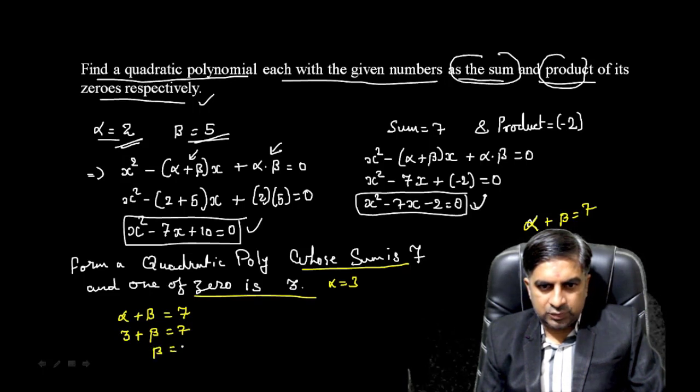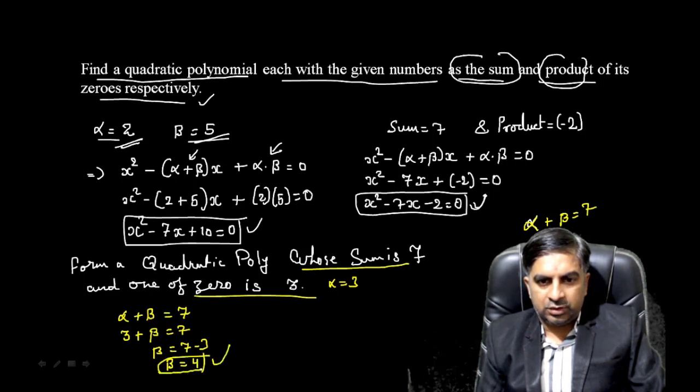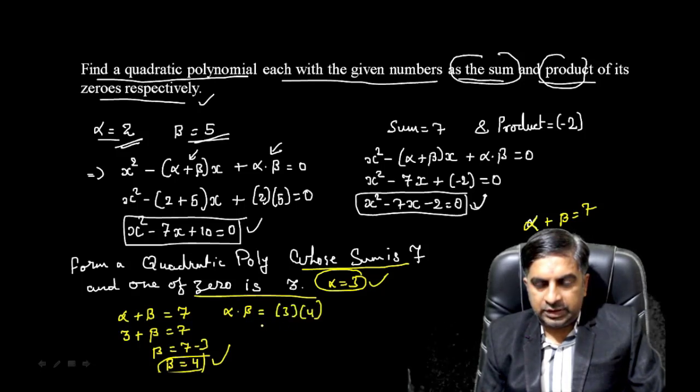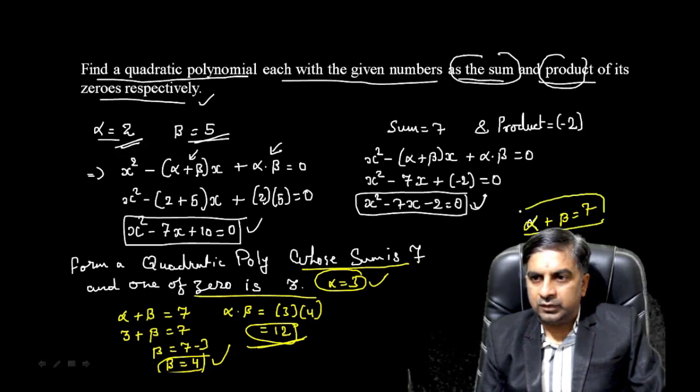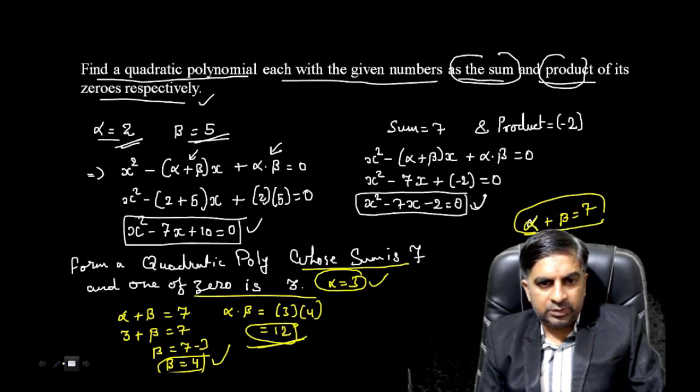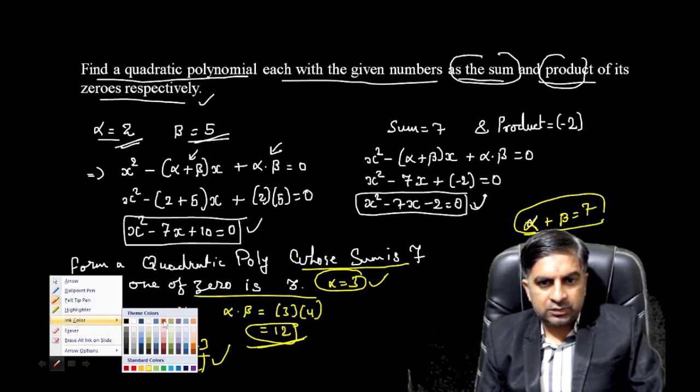Now beta is equal to 7 minus 3, beta is equal to 4. So this way you need to find out the beta, guys. Alpha we had taken 3 and beta we got 4. Then we need to find the product, alpha into beta, that is 3 into 4, and that is 12. Now we have the sum and we have the product. Now let me write it down here, using another color again so that it will help.